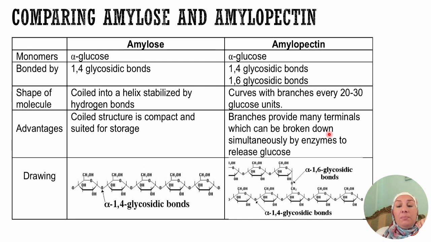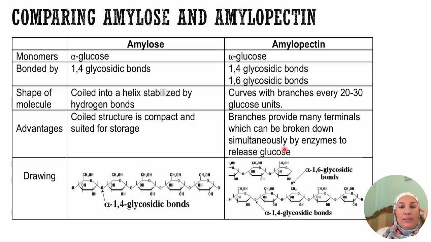But if it has many branches, then this adds more terminals, more ends. So more enzymes can take part in the breaking down of that molecule, providing many glucose sugars that are ready for maybe respiration for that animal or that plant.